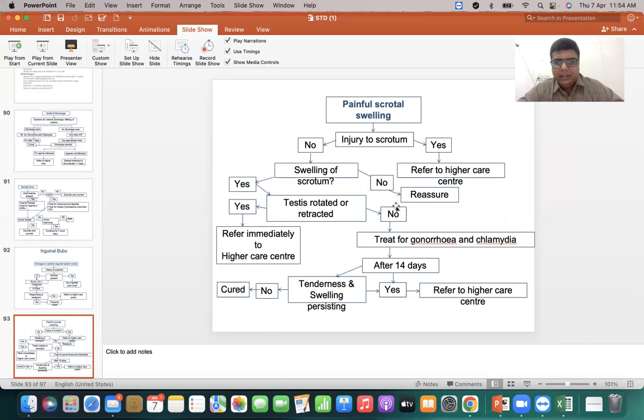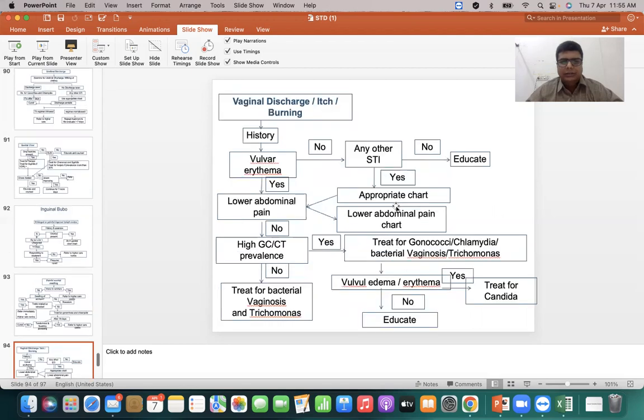If injury to the scrotum is present, then refer to a higher center. After treatment of gonorrhea and chlamydia, after 14 days, if there is persistent tenderness or swelling, then refer to a higher center, and if there is no tenderness and swelling, then it is termed as cure.